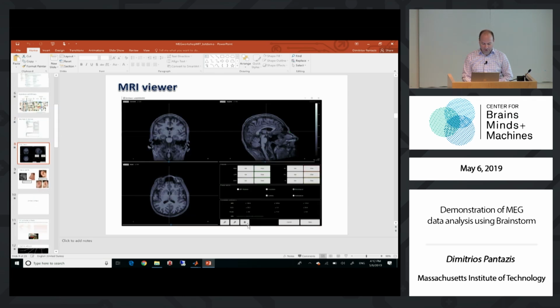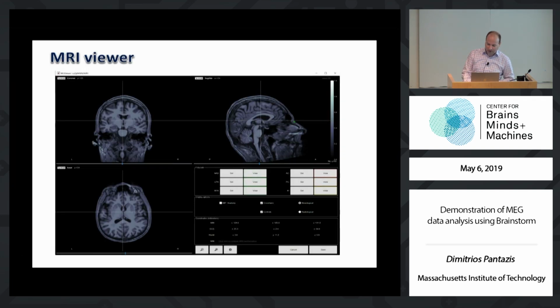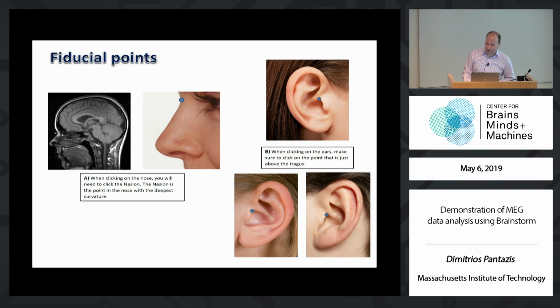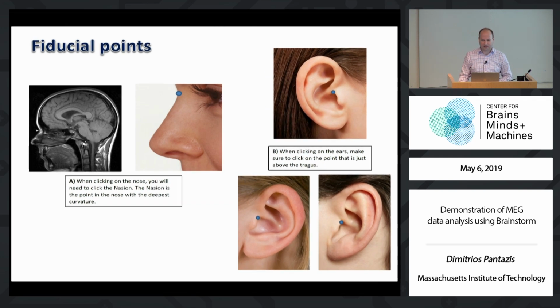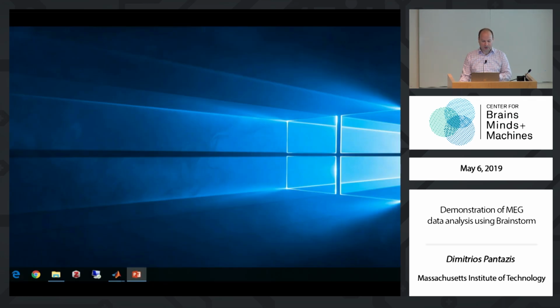So this is the MRI Viewer, and what we need to do is select these fiducials, which, for those of you that have already collected MEG data, we use the 3D digitizer device to record the coordinates of these points, which were incorporated in the MEG data. So now we need to do the same with anatomy to co-register the anatomy with the MEG data. And now I see what is happening whenever I do this.